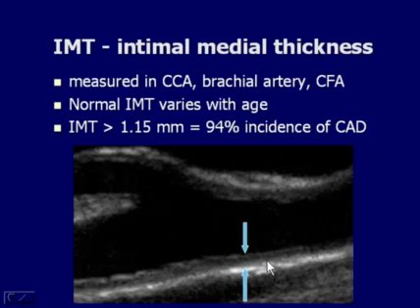And some folks feel that even in the absence of plaque, classic plaque as we would call it, when we see that this intimomedial thickness increase in patients, that could be a marker for systemic atherosclerosis, and certainly the prevalence of coronary artery disease increases as the IMT increases.